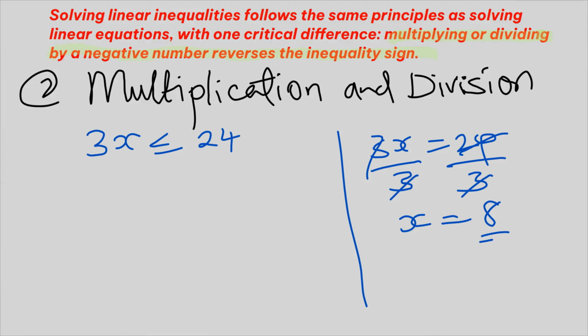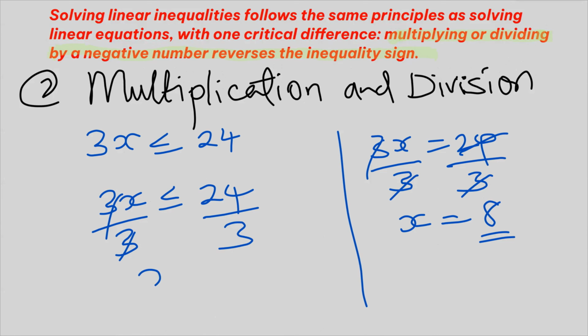But for inequality, we'll do the same thing and maintain the inequality sign, if and only if we are working with a positive number, and here we have a positive number. So let's isolate this x by dividing both sides by 3, and then x is less than or equal to 8. We are not changing anything because it's positive.